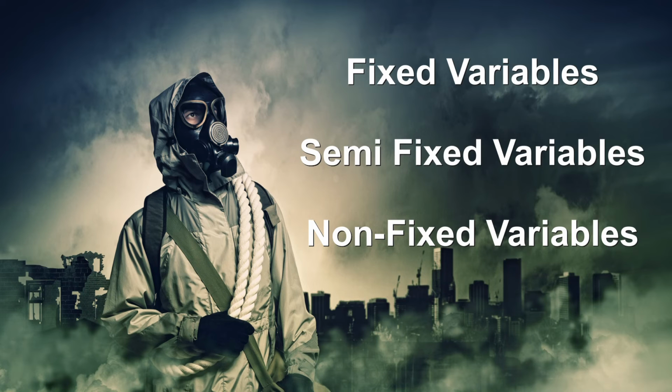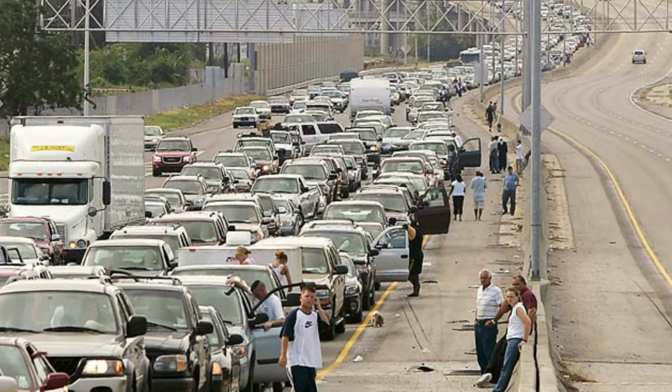So there's two different types of fixed variables when it comes to bugging out that you must consider. There's some semi-fixed variables, and then there's some non-fixed variables. Now, bugging out, of course, basically, first and foremost, what you're doing is you're getting out of Dodge.